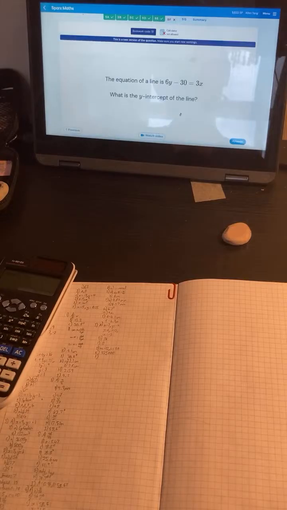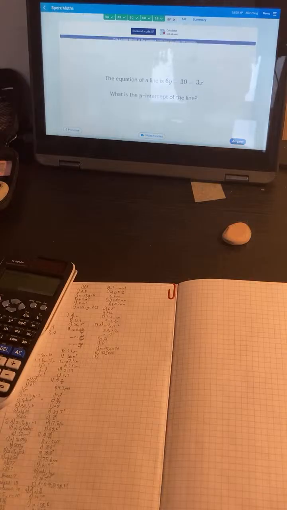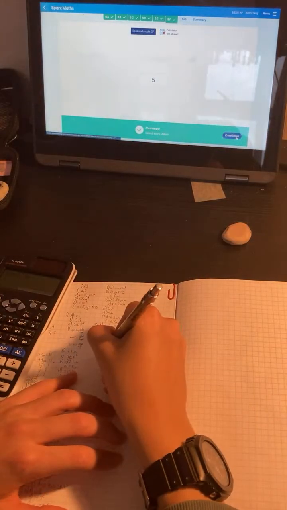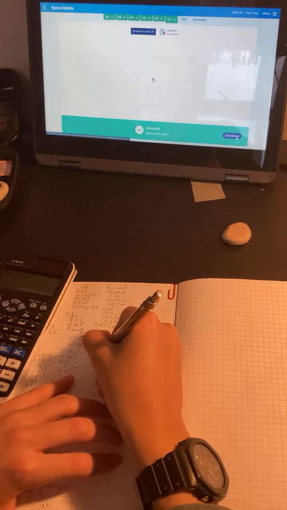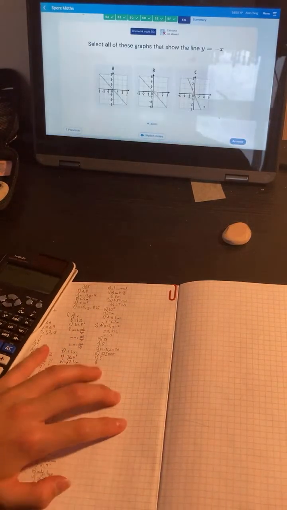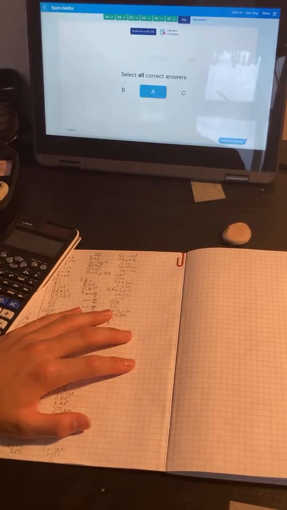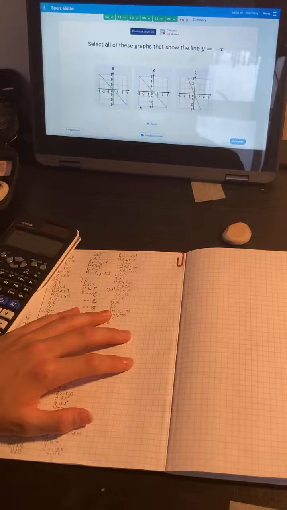Nope. New question. Right, okay. Divide by 6, so it's minus 5, and you plus 5. Is it not plus 5? What? Right, okay. That's a... Right. Nope. Y equals negative x. Oh, was that not 45 degrees?